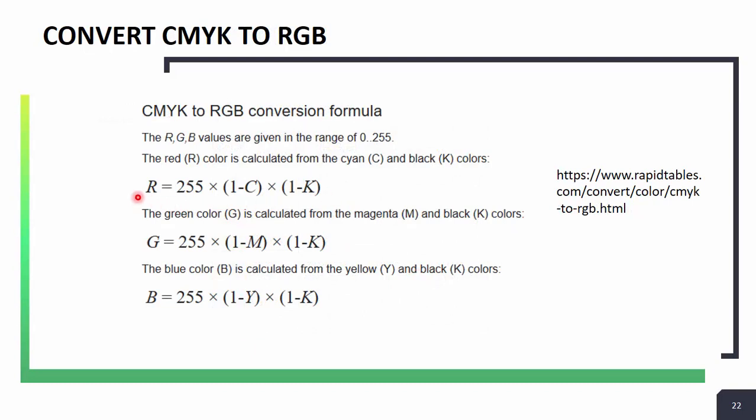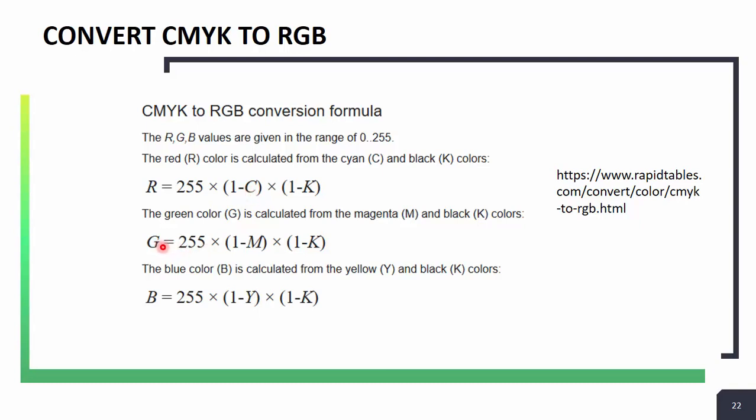If you want the red component out of CMYK, this is the formula. It will involve cyan. Why cyan? Because cyan is the opposite of red in a color wheel. What is a color wheel? Later we'll show you. It has something to do with hue. So if it's red, there will be a subtraction of cyan from 1.